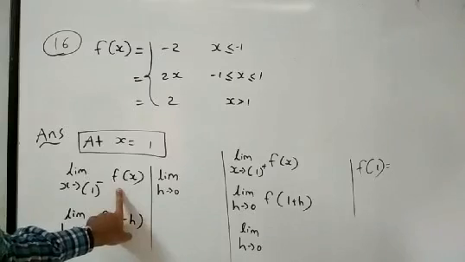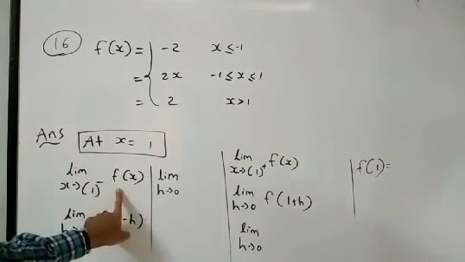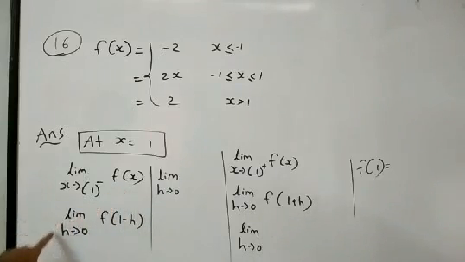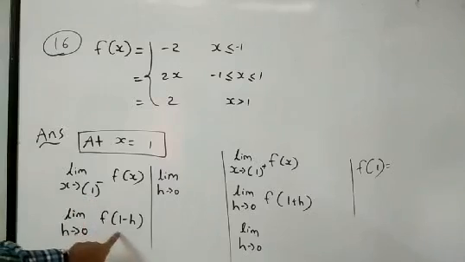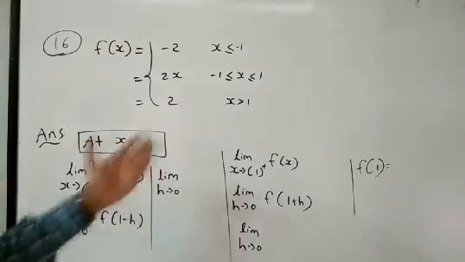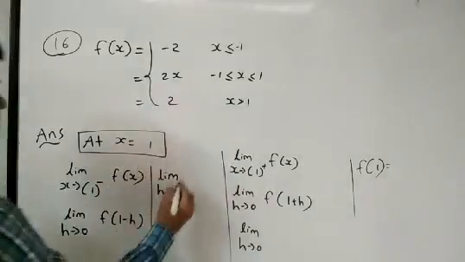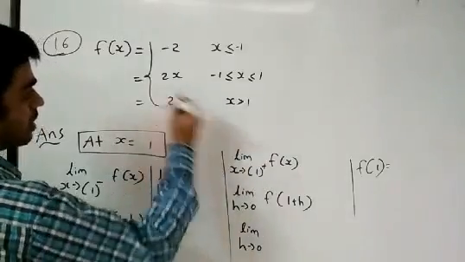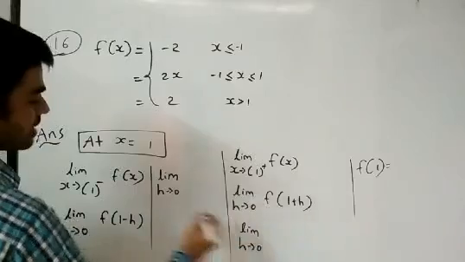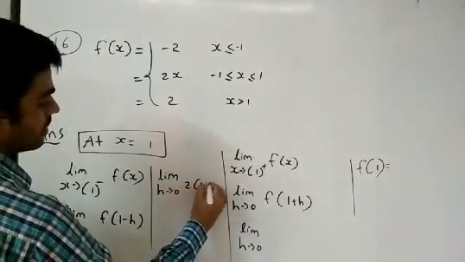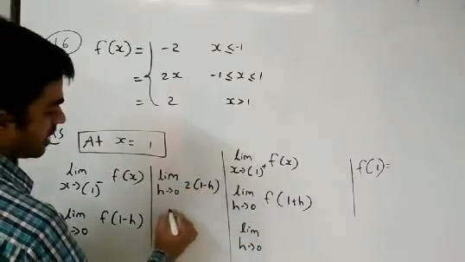Right? So limit x tends to 0 f of 1 minus x, because here it is plus also. Now f of 1 minus x, but 1 negative मतलब कौन सा फंक्शन आएगा? Now you see 1 negative, what will be the function? 2x. So if f of x is 2x, f of 1 minus x will be 2 into 1 minus x. तो इसका आंसर आएगा 2.